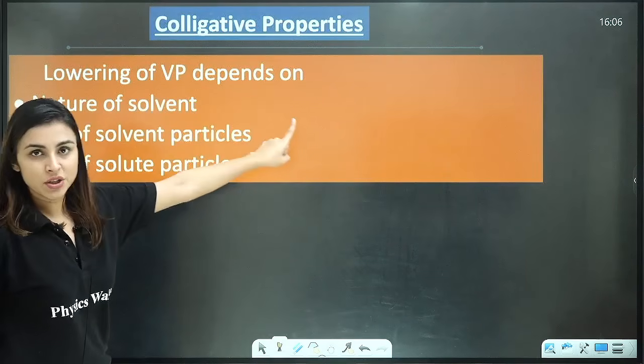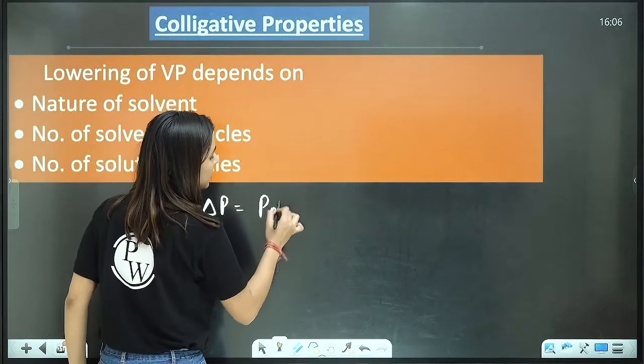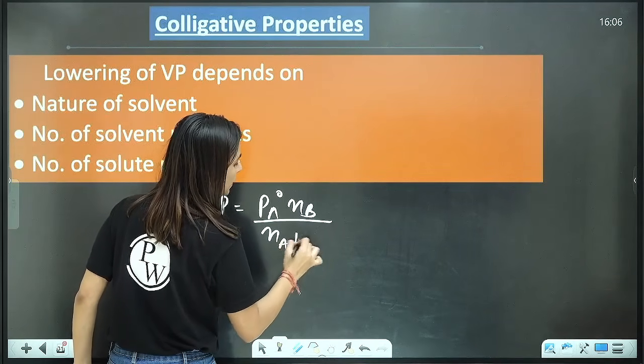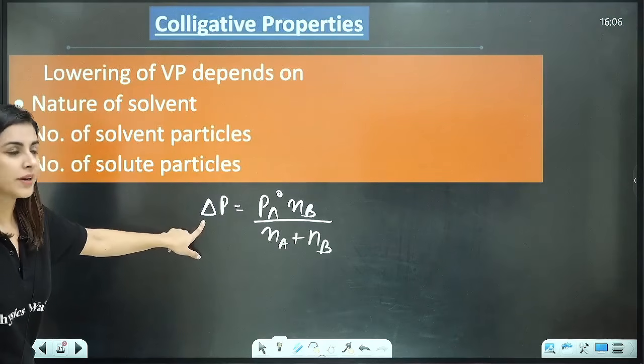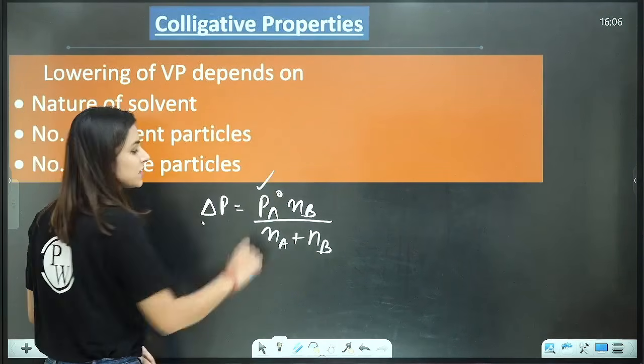Lowering of vapor pressure, that is delta P, is equal to PA naught times moles of B upon moles of A plus moles of B. Lowering of vapor pressure depends on the nature of the solvent because it depends on PA naught.